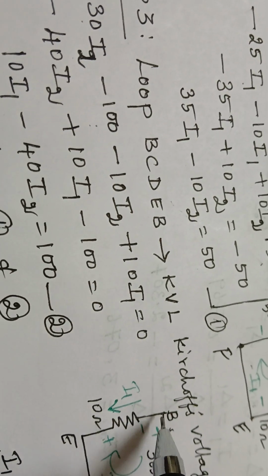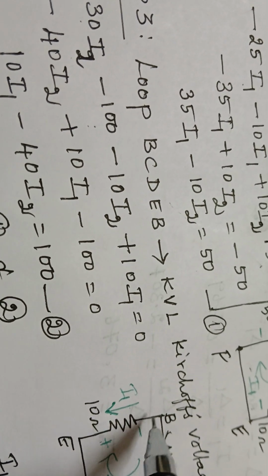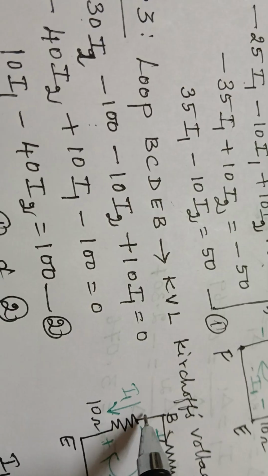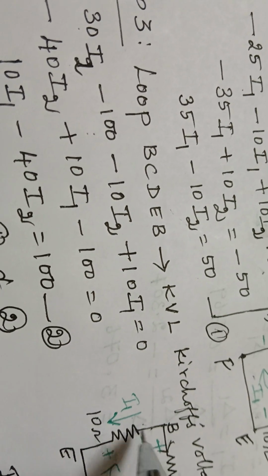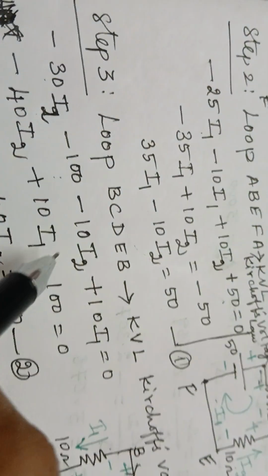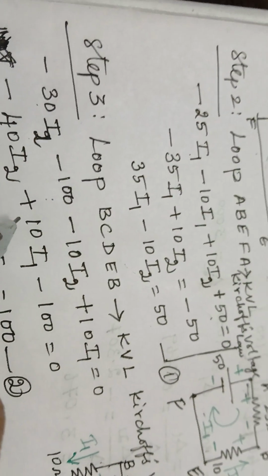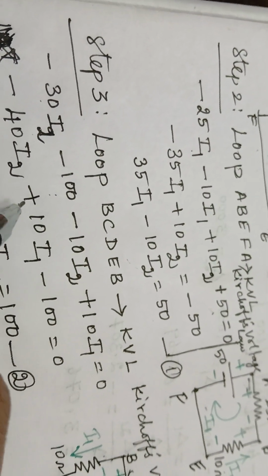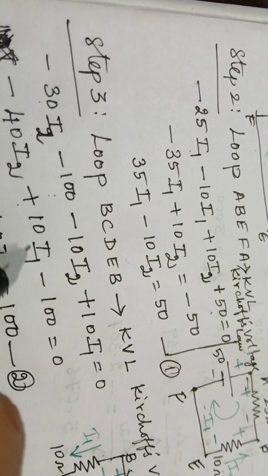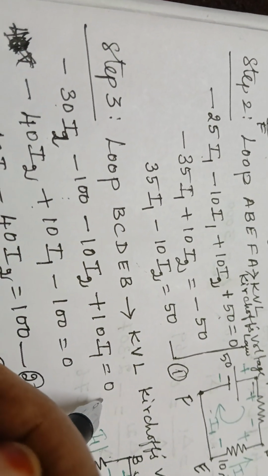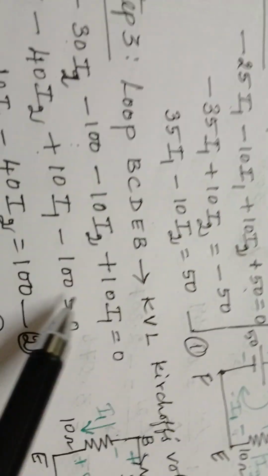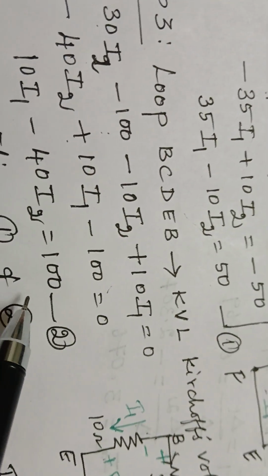The loop direction is like this and the current direction is opposite, so here we write it as positive: plus 10 I1, equal to 0. After simplifying I get this equation.